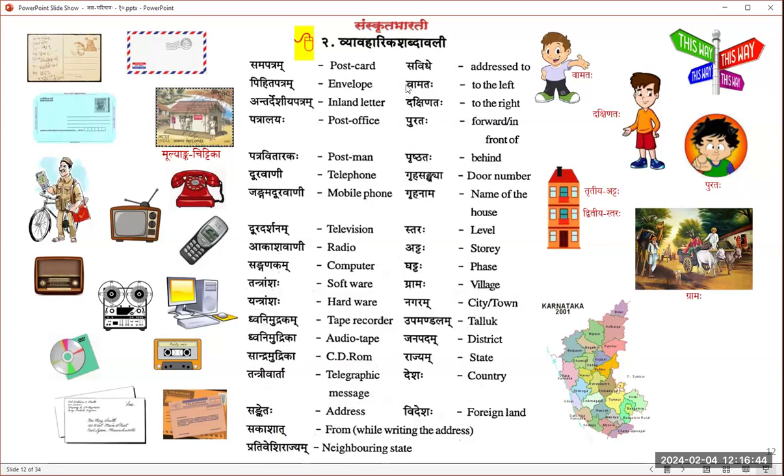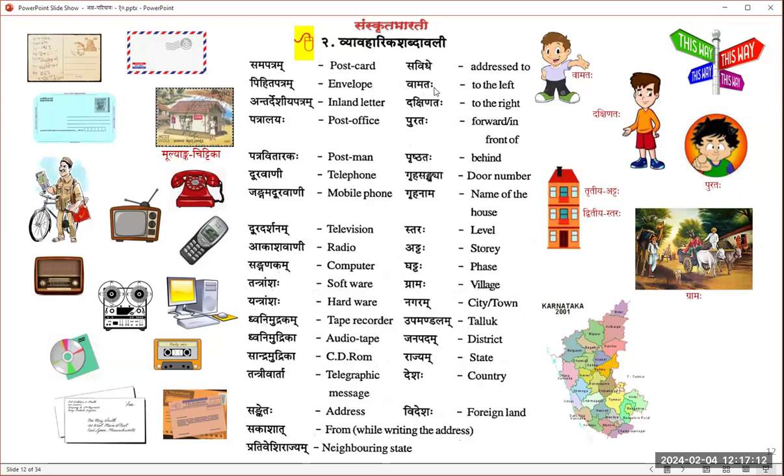Then Savidhe, Vamatah, Dakshinatah, Puratah, Prishtataha. So Vamatah Gantavyam, Vamamarge Gantavyam, Vamam Gantavyam. You can use it in many other senses. Here they have used the Tasil Pratyaya, which normally means from. So go from the left, like we say Edagadeinda Hogu in Kannada also.